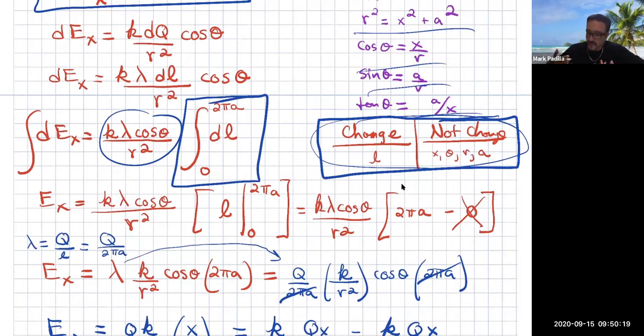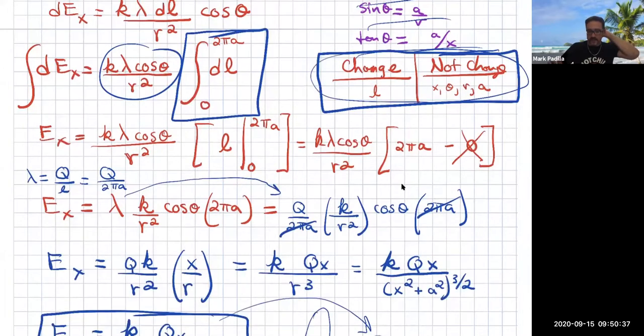If x, theta, r, and a are not changing, that means they're constant, so you do not need to integrate over them. However, for the circle, you need to integrate around the circle. So you integrate 2 pi a.